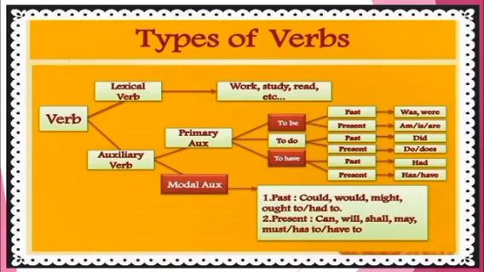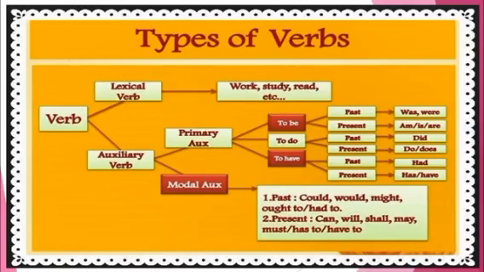Primary auxiliaries are further subdivided into three: be verbs, do verbs and have verbs. In past form we have was, were. In present form we have am, is, are.